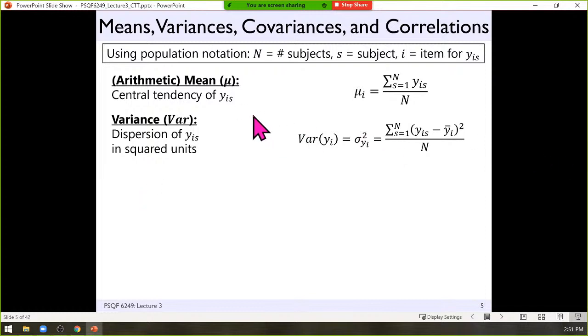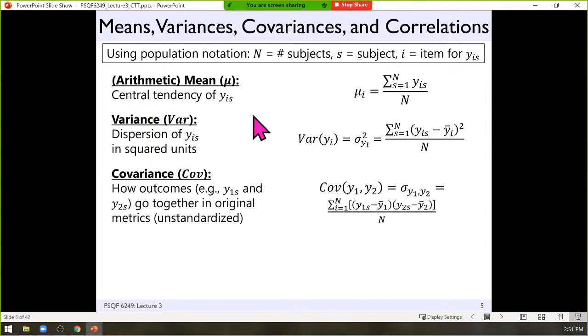We're going to talk a whole lot about covariance. I wanted to remind you that you've seen this before, although you may not have dealt with it very much. Covariance is the extent to which two observed variables go together. If a case is above the mean on one variable, to what extent are they likely to be above the mean on the other variable?